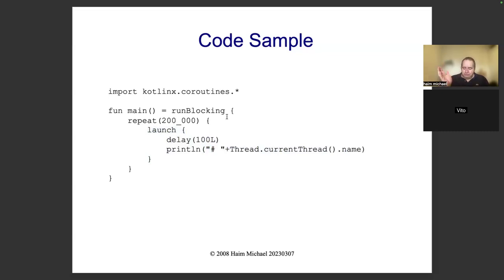The split of the computing resources, the split of the CPU between those 200,000 coroutines is done not using native threads the operating system managed, but it is done using code, simply code that developers wrote.